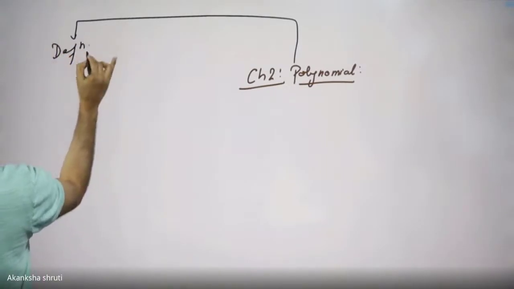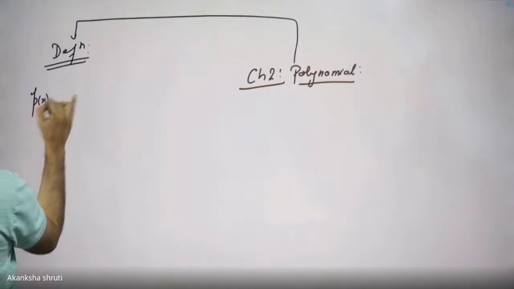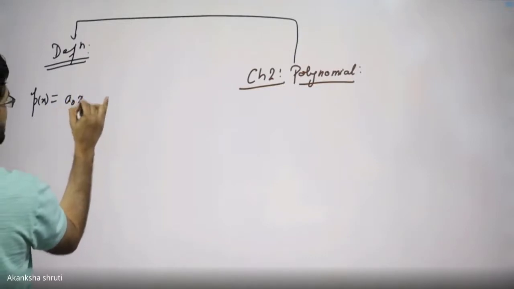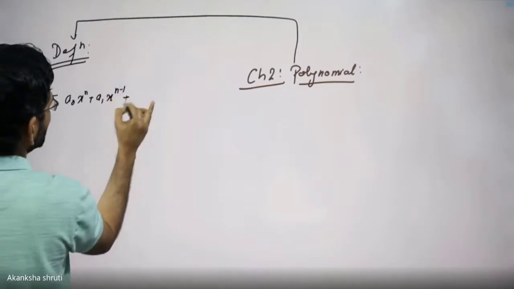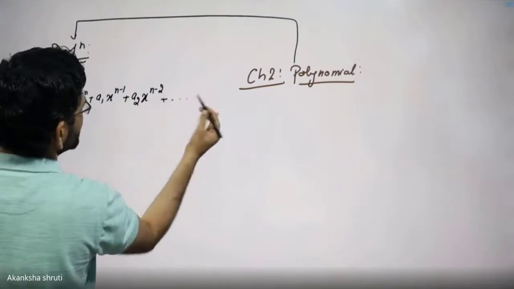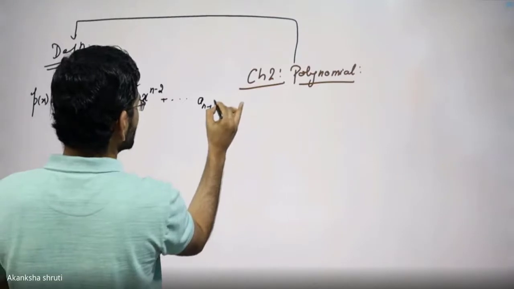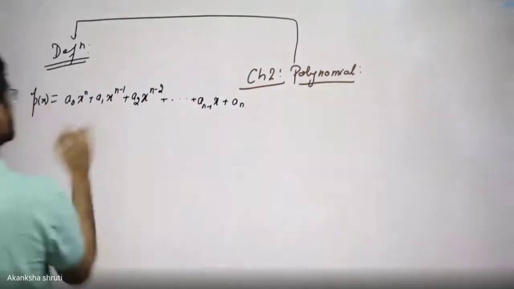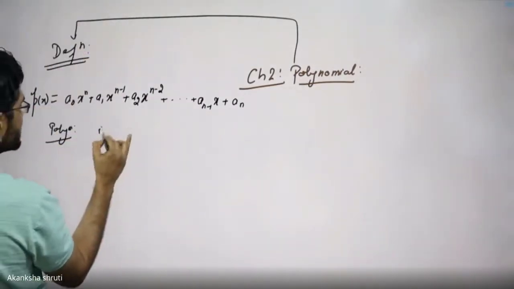So, a definition-based question. A polynomial P(x) in general form is given by P(x) = a0 x^n + a1 x^(n-1) + a2 x^(n-2) and so on, the last one being a(n-1) x + a(n). This is said to be a polynomial if it satisfies these conditions.